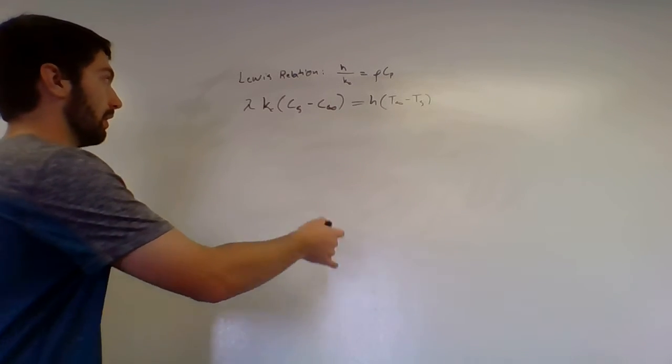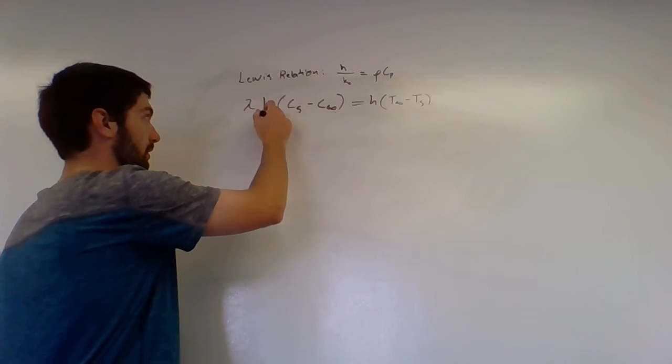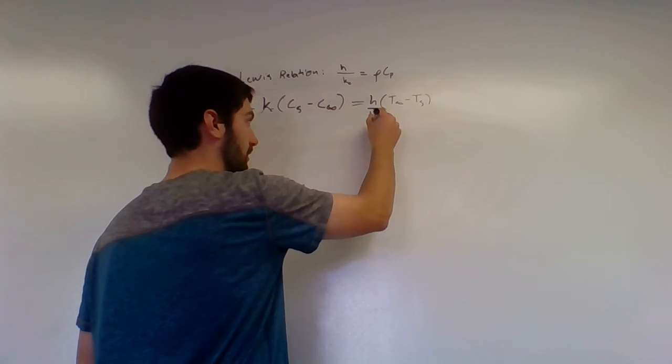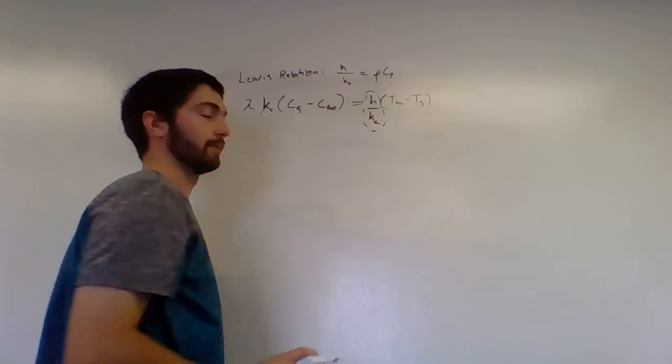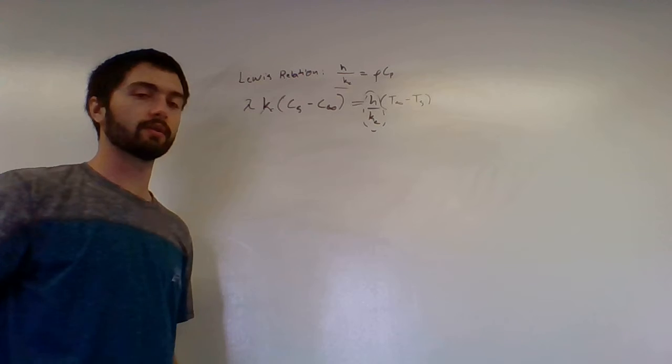So first, I want to divide both sides by the mass transfer coefficient, so we'll just take it from this side and we'll divide it to this side. So now if we take a look at this, it looks pretty familiar, and that's because it's right here as well in our Lewis relation.